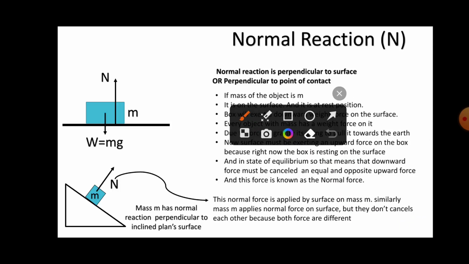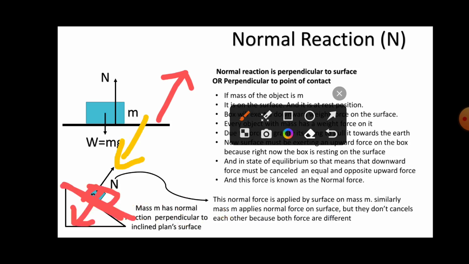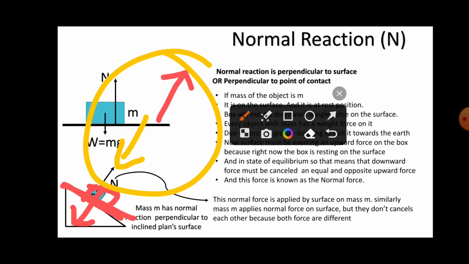The normal reaction is perpendicular to the inclined plane surface, and it is applied by the surface on mass m. Similarly, mass m also applies a normal force on the surface, but they don't cancel each other, because both normal forces are different.